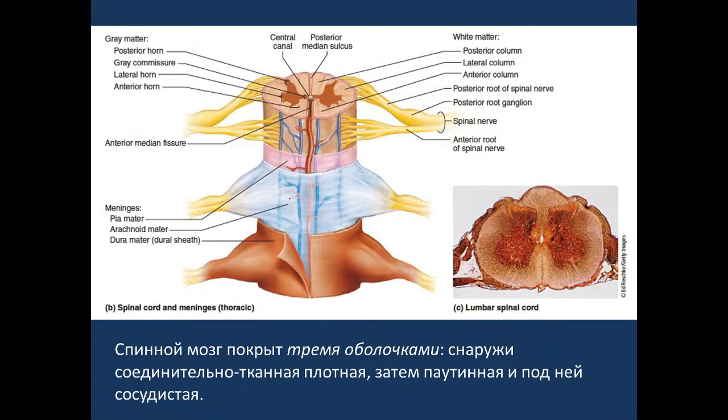There are three coverings. The first and rigid covering we call dura mater. The second is arachnoid mater. And the third, this is a blue one, we call pia mater. This is a pink one. So there are three covering layers on the spinal cord.